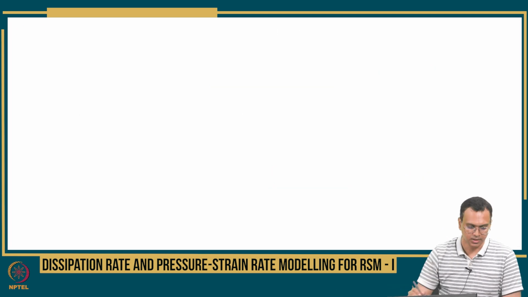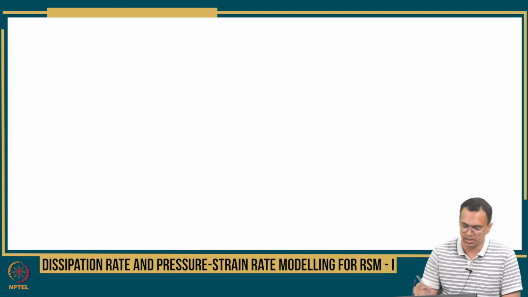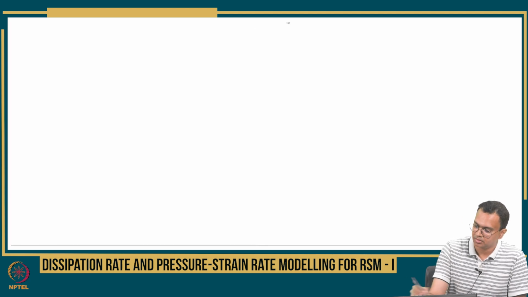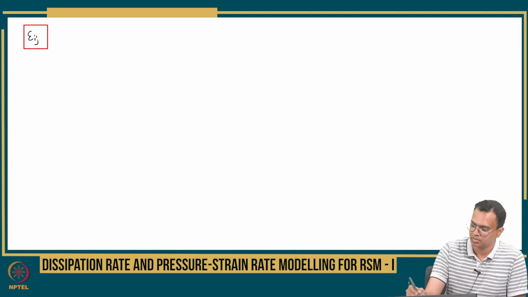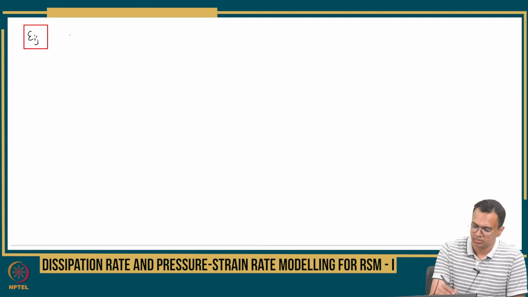Okay, fine. So let's look at the dissipation rate of turbulence kinetic energy. Sorry, the dissipation rate of the Reynolds stresses. What we are modeling is epsilon ij. This requires a model. So what is the formulation for this?